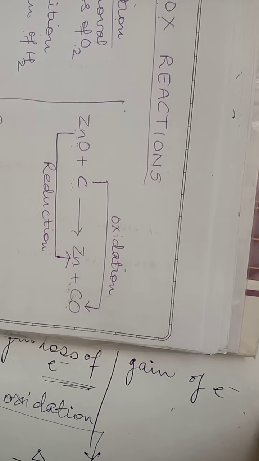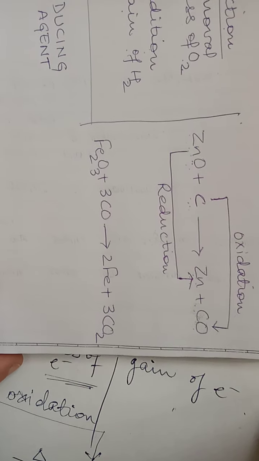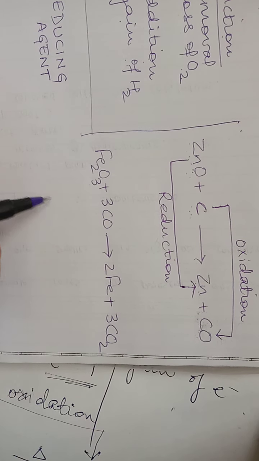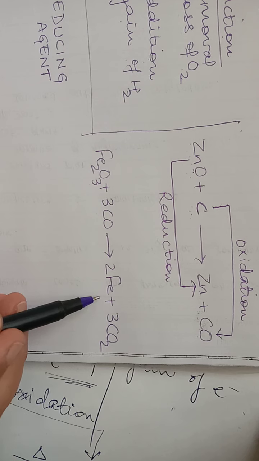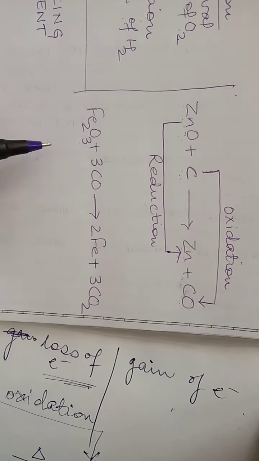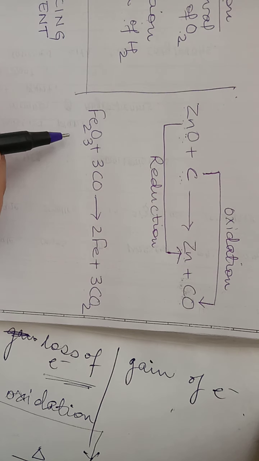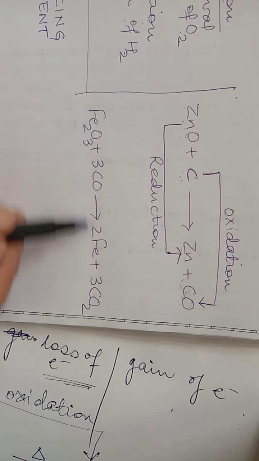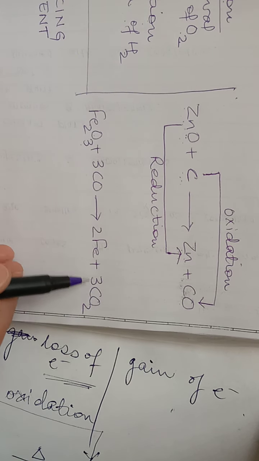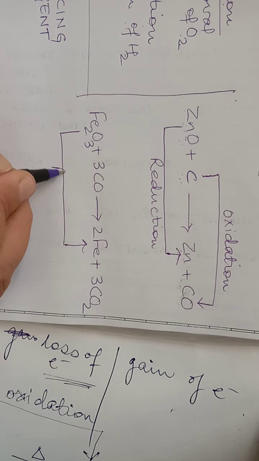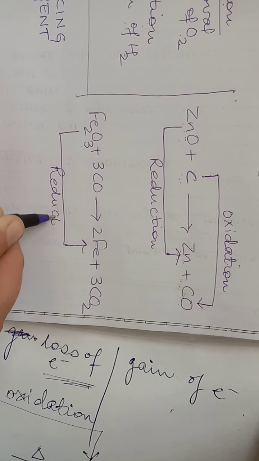We'll understand this again with another reaction where we have taken Fe2O3 and CO as the reactants. When they react together, we get Fe and CO2 as the products. Here again you can easily identify oxidation and reduction. From Fe2O3 there is removal of oxygen, which you can check on the product side, and this is called reduction.